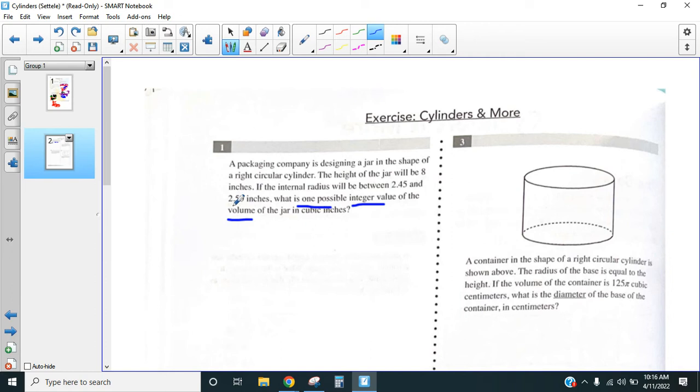It can be as low as 2.45 and the radius can be as high as 2.5. What they're saying is, what are the possible values for the volume? And they say you have to answer as an integer. What's an integer mean? A whole number, right? So you need to figure out what are possible values in terms of whole numbers. There are a ton of possible answers.